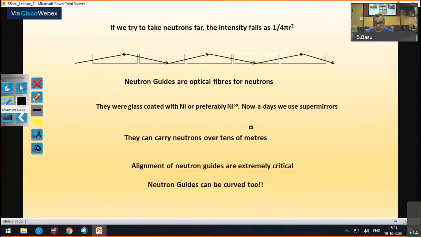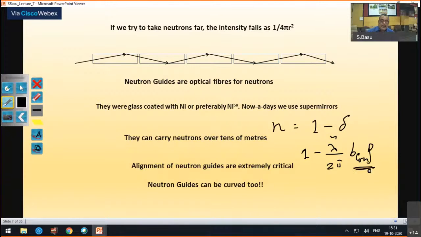Because when I wrote n equal to 1 minus delta, this delta depends on the number density of the coherent material in the medium, and the guides which we have got are coated with nickel.